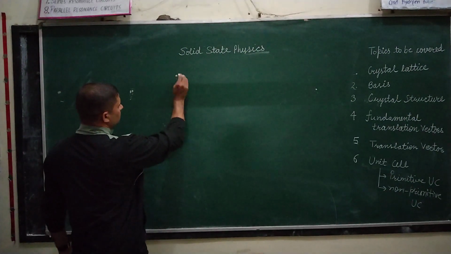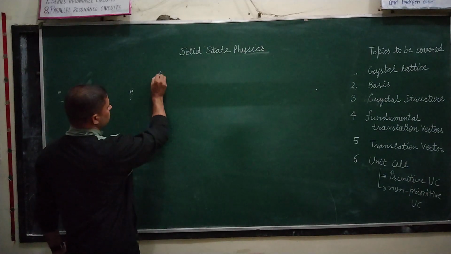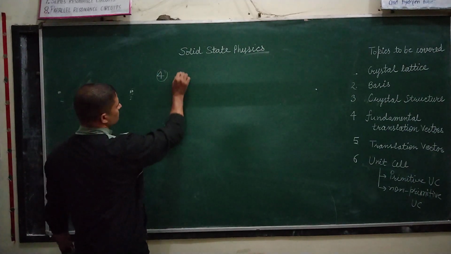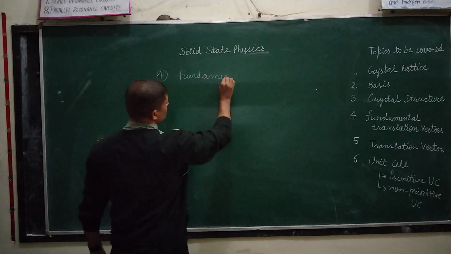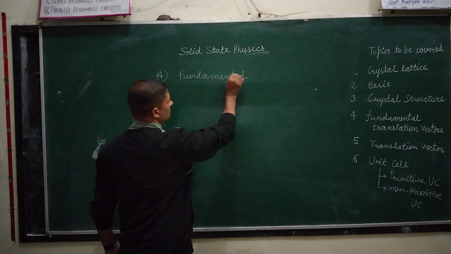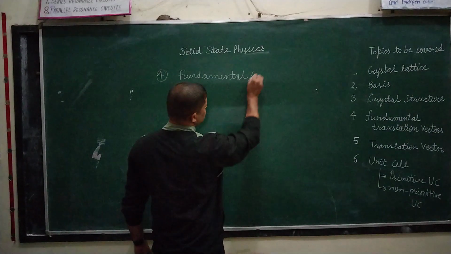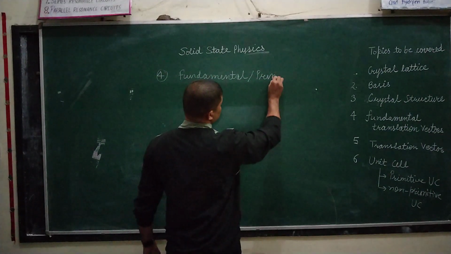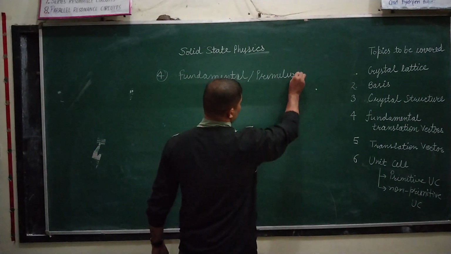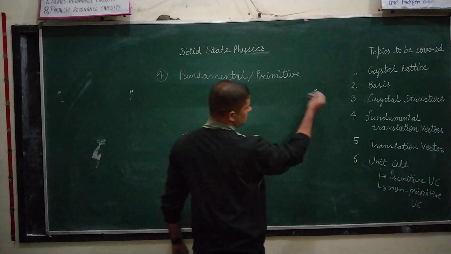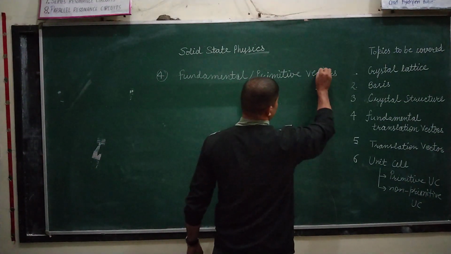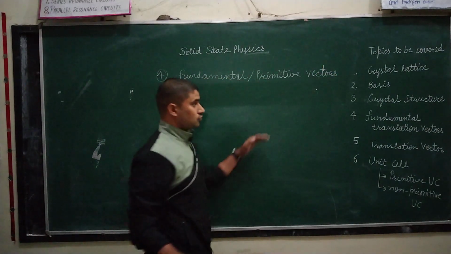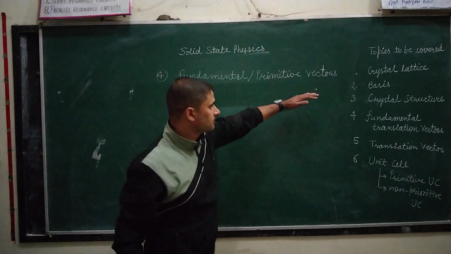So this is the fourth thing which I want to clear now, that is fundamental, or you can say primitive translation vectors, or simply vectors, in case of a crystal structure.